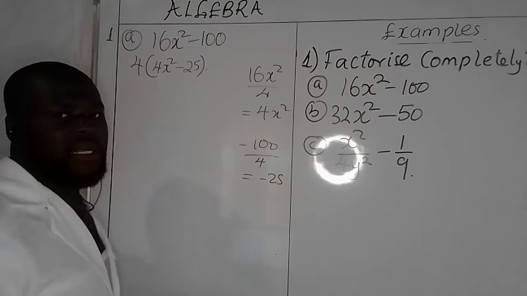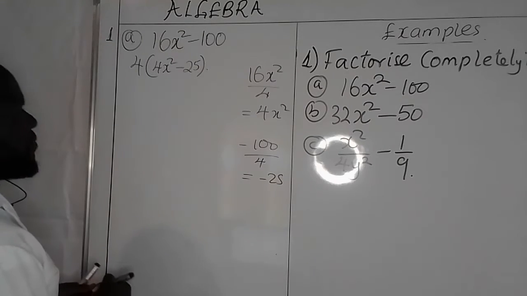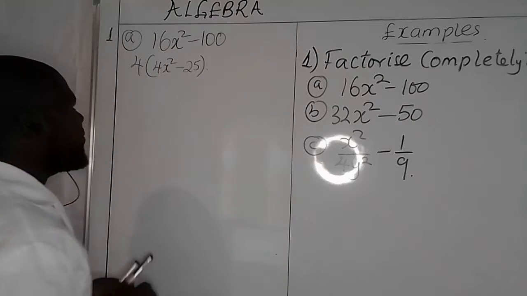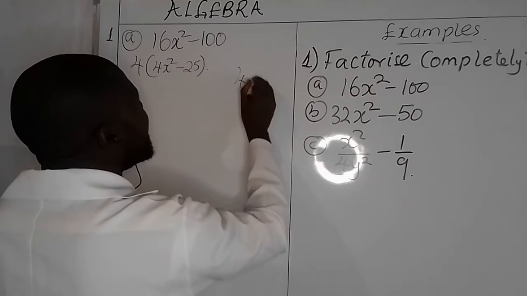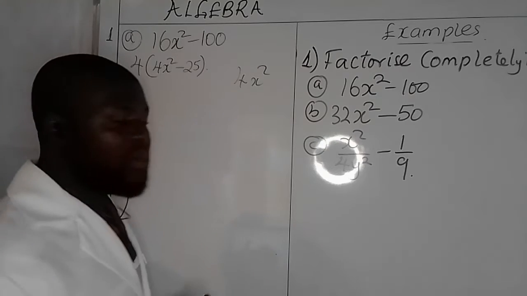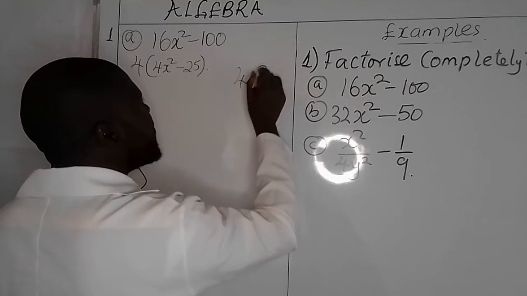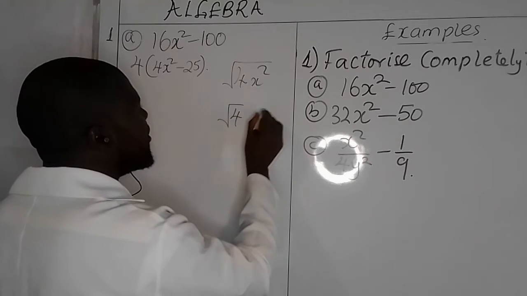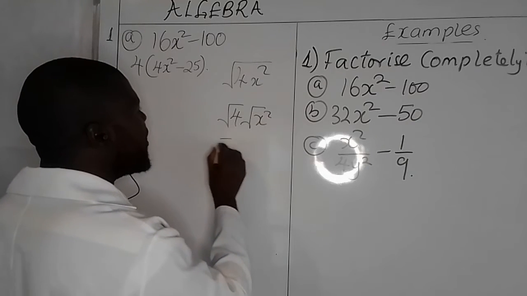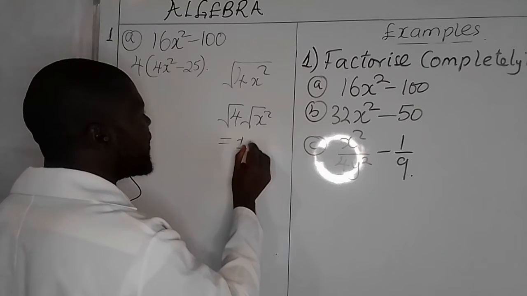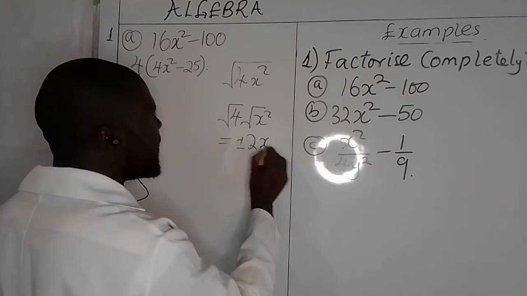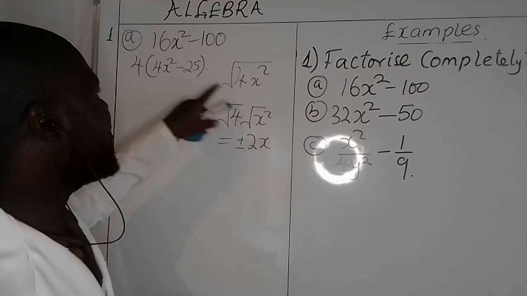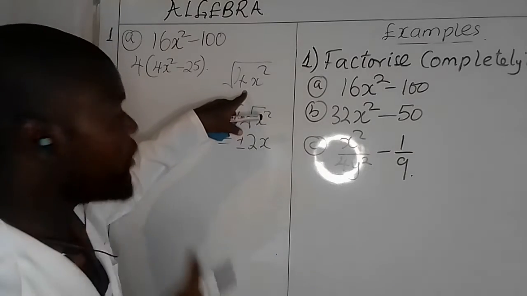But we shall not end here because we have seen that 4x squared is a perfect square whose square root is plus or minus 2x.